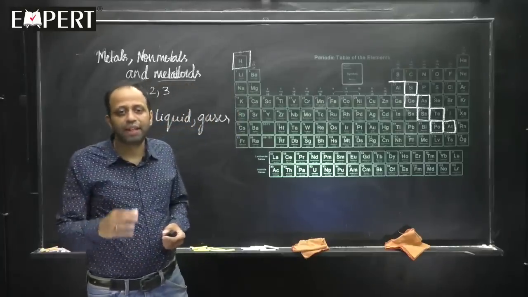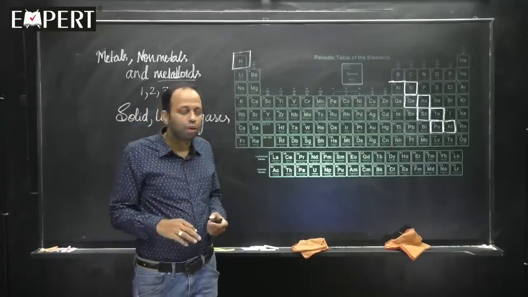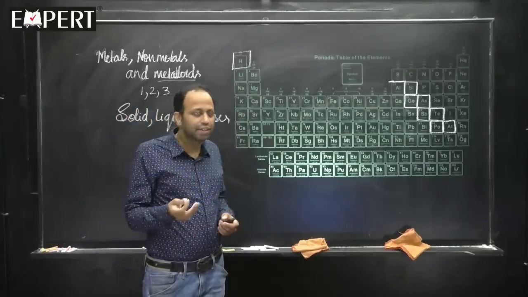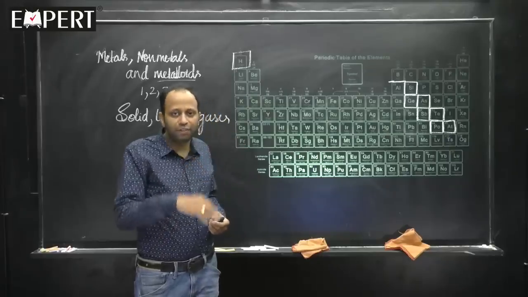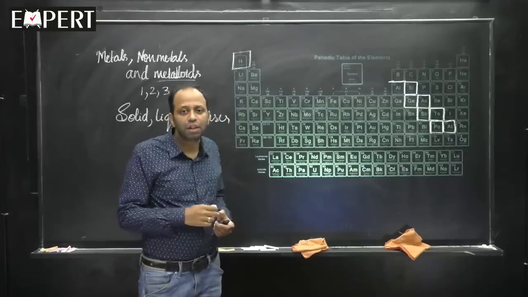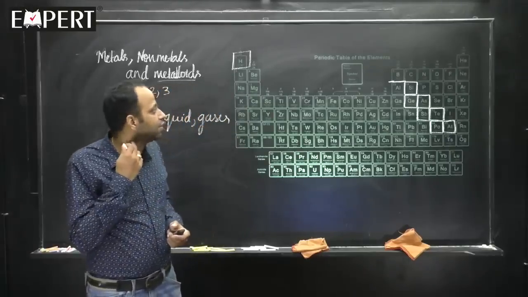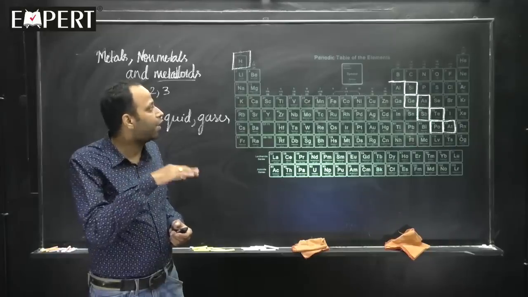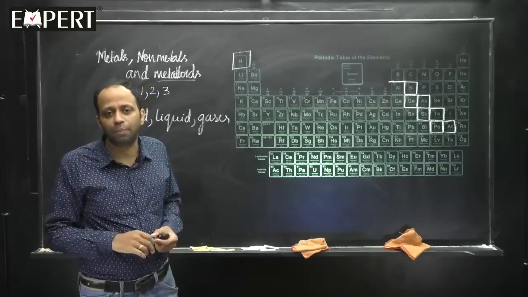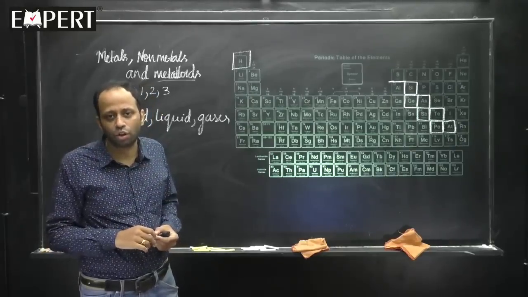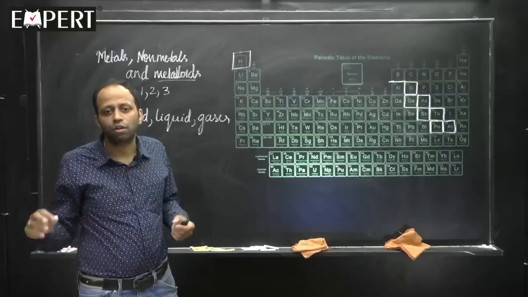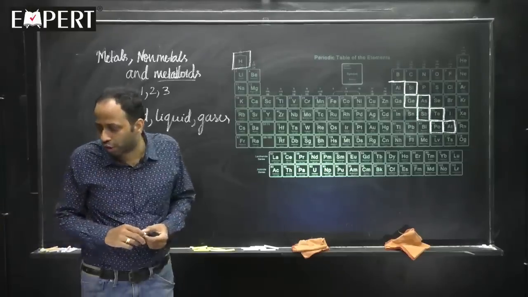Metals are more, non-metals are less and metalloids are even fewer compared to the non-metals. So, with this I will just say that this is the classification of elements based on properties: metals, non-metals and metalloids.